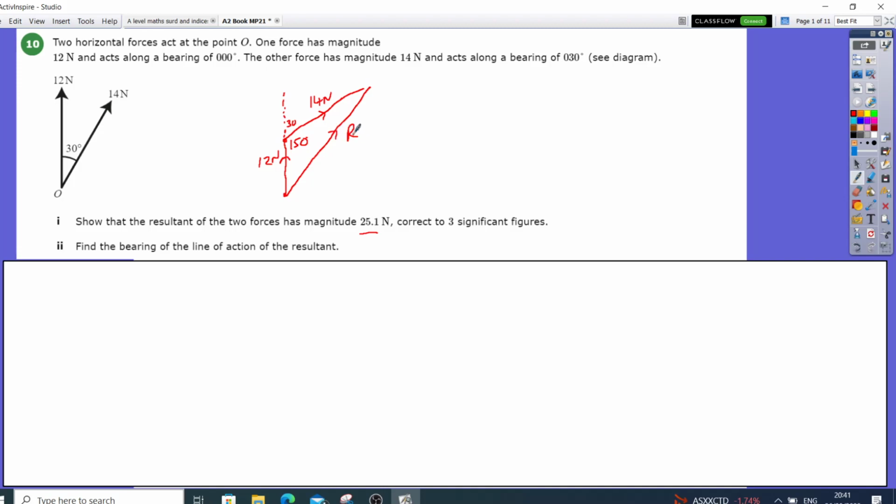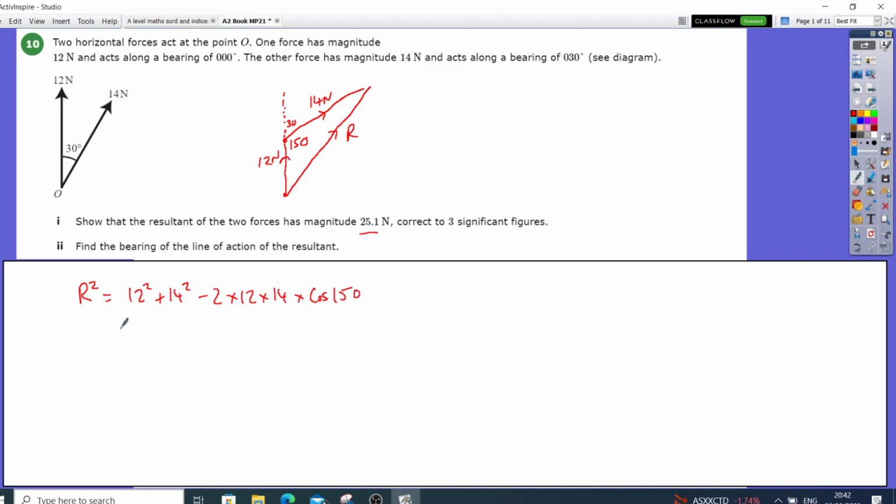So let's have a look how we're going to work this out now. We've got an angle, the opposite side, and two sides here, so we can use the cosine rule. R squared is equal to 12 squared plus 14 squared minus 2 times 12 times 14 times cos of the angle opposite, which is 150.